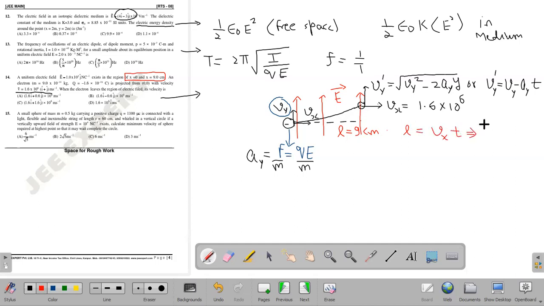From here you get the time, which is L upon Vx. After you get this value of time, you substitute it, and you will get the value of Vy dash. Remember, Vx remains unaffected. So the final velocity in vectorial form can be written as Vx i cap plus Vy dash j cap.